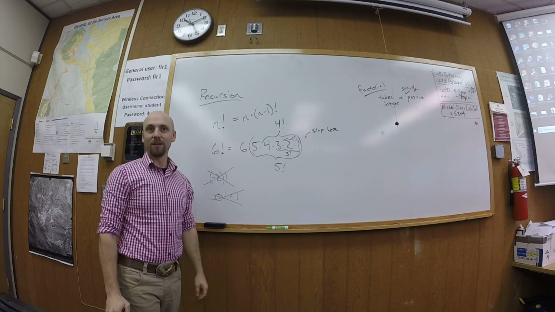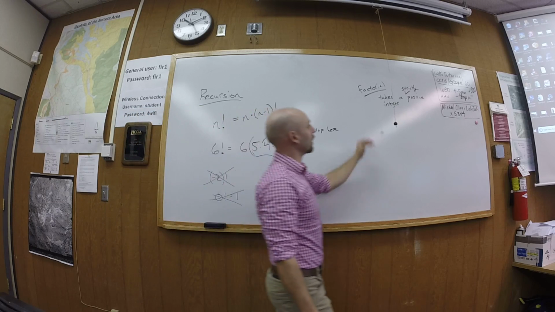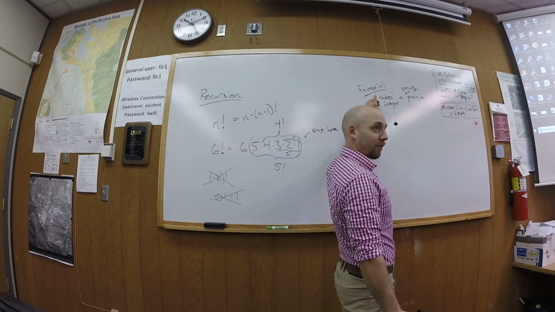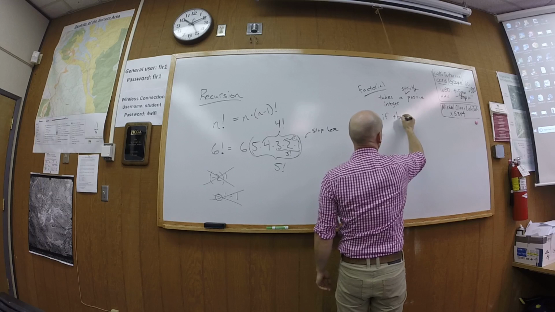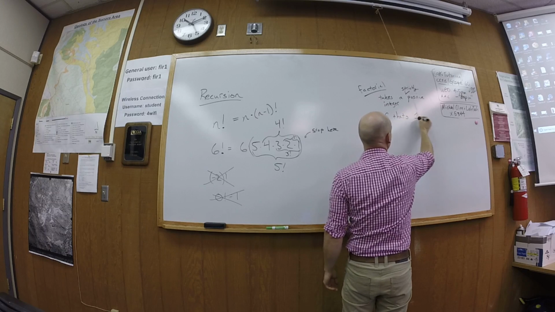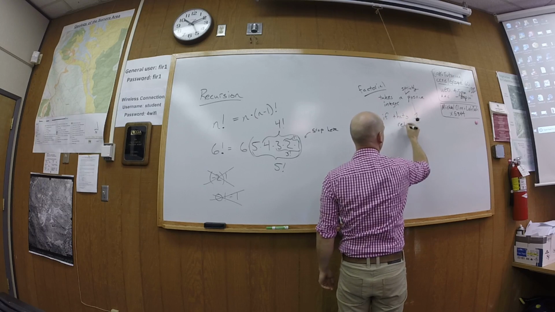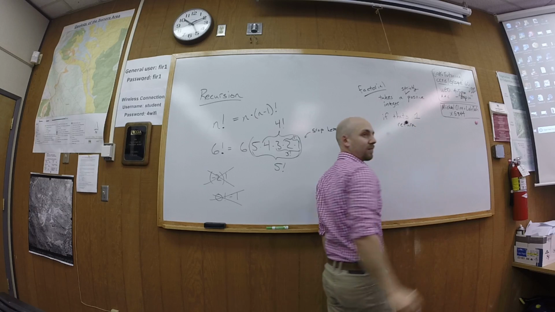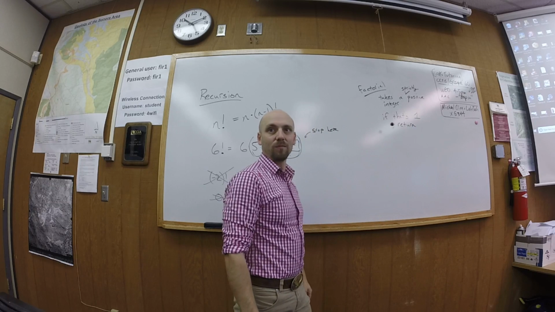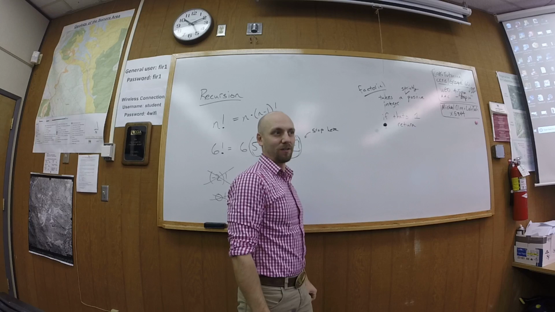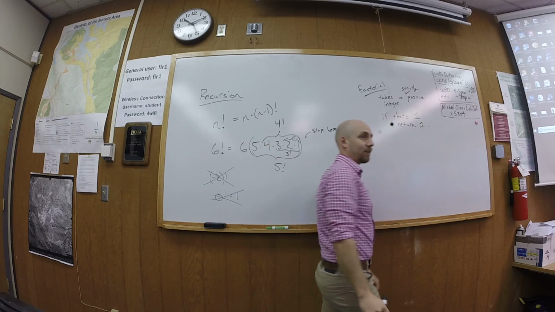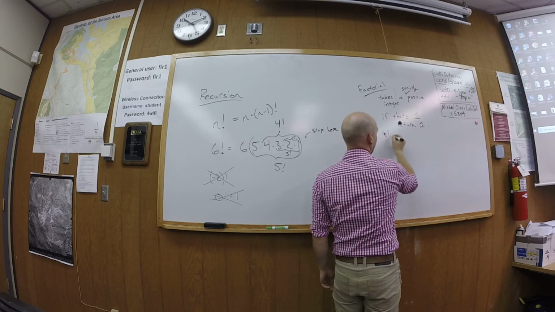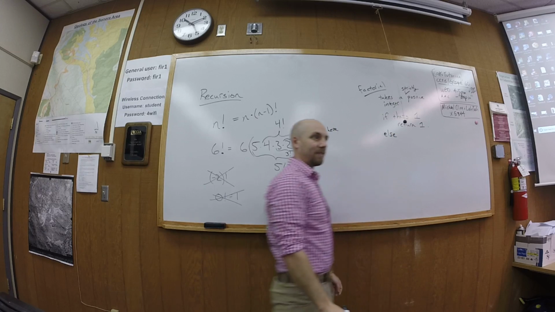You guys see that? So I think my pseudocode would be something like: takes a strictly positive integer. If that's 1, return. What's the answer for 1 factorial? 1. If not, else. Else what?